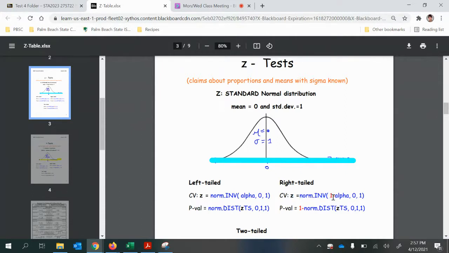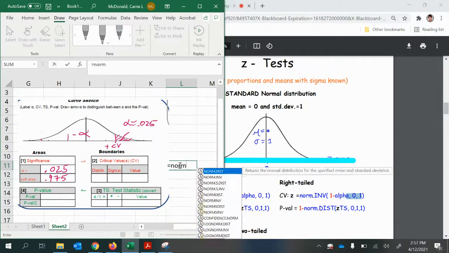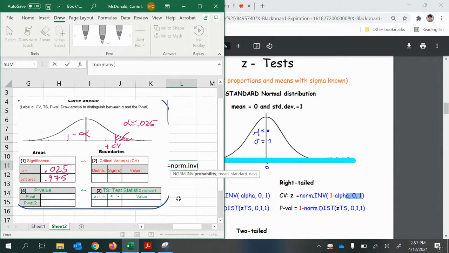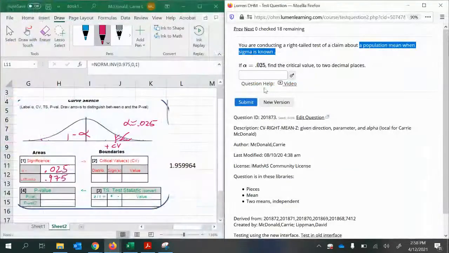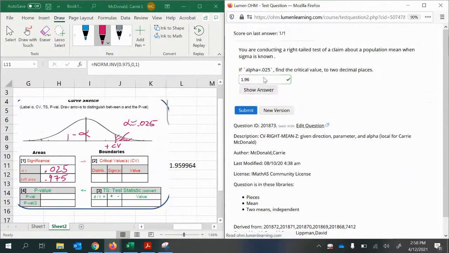And the area that you put in is 1 minus alpha, since you had to subtract it from 1 to get the left area. And then you put in your mean of 0 and your standard deviation of 1, because it's a z-score that you're looking for, and z-scores always have a mean of 0 and a standard deviation of 1. So we're going to use norm.inverse on the left area of 0.975 with a mean of 0 and a standard deviation of 1. And there's my answer. So to 2 decimal places, that is 1.96.